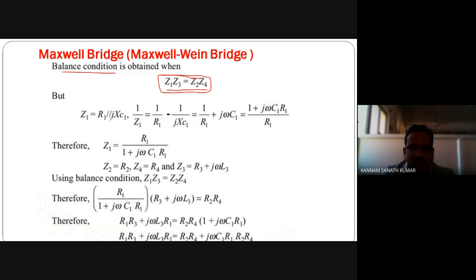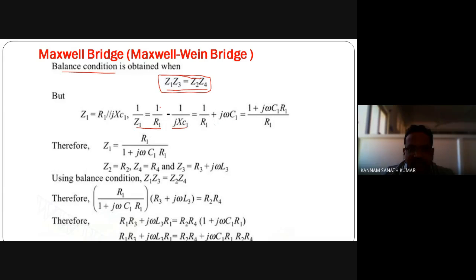Z1 is nothing but R1 in parallel with XC1, where XC1 is the reactance of the capacitance. So that means R1 parallel with jXC1. We need to find 1 by Z1. So 1 by Z1 equals 1 by R1 minus 1 by jXC1. You know that XC1 equals 1 by j omega C1, so 1 by Z1 equals 1 by R1 plus j omega C1.